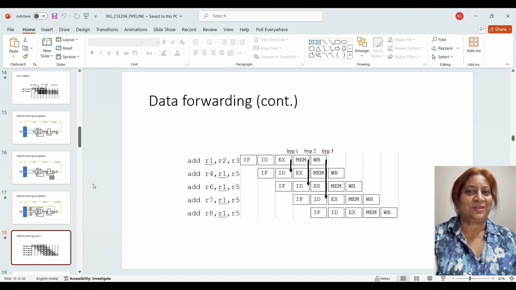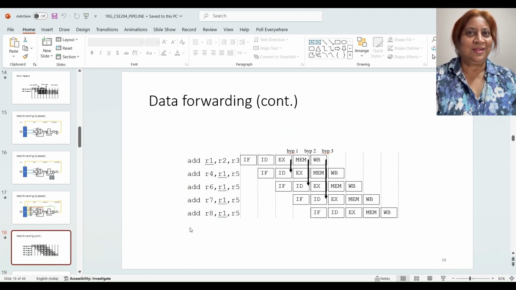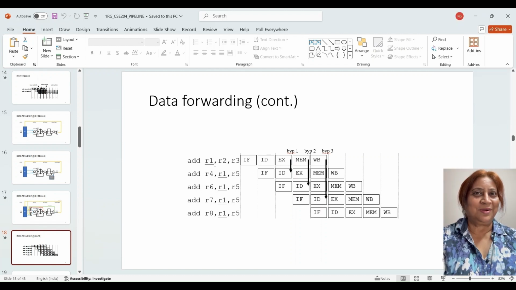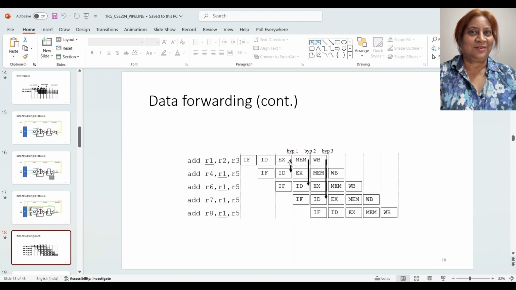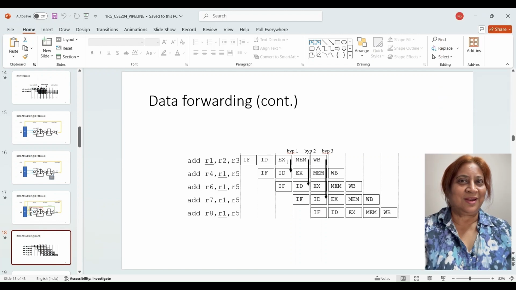Now let's see a little bit bigger problem with 5 instructions. Between the first and second instruction itself there is a RAW hazard, and this R1 being R2 plus R3 is happening here in the execution stage. If that result is forwarded here, then the second instruction doesn't have to stall, and this is called bypassing or forwarding.